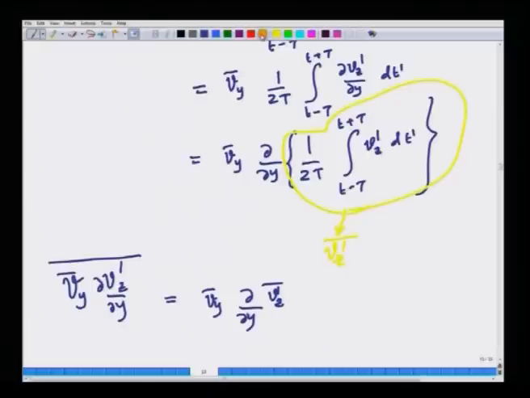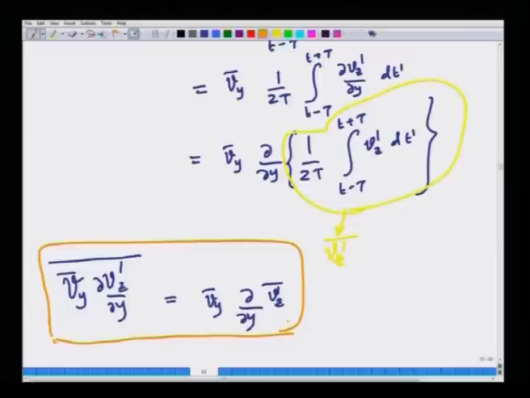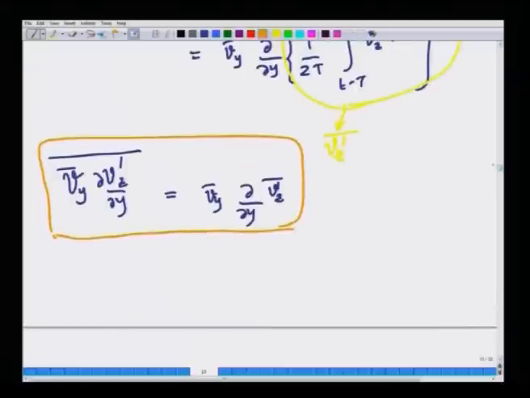So, this is also something that we will use when we derive the time average Navier-Stokes equations. What we are trying to say is that this is one step, but we can also proceed one step ahead and say that since this is the time average of a fluctuating quantity, this has to be 0.